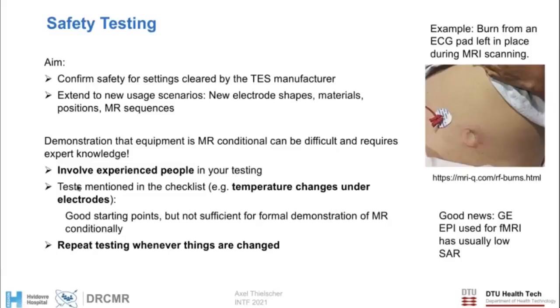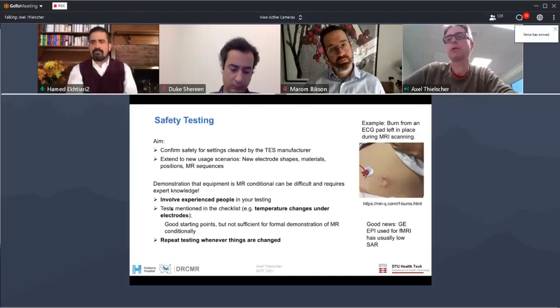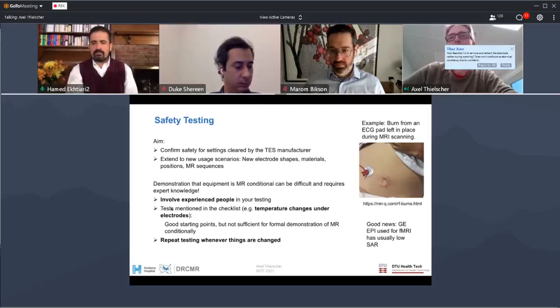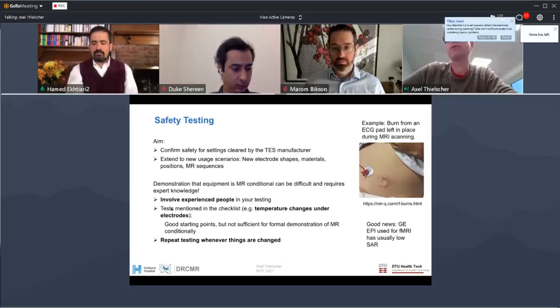The good news here is that the sequence which we use most for imaging of brain activity is gradient echo EPI, which is a low SAR sequence, which means that the radio frequency energy transmitted by the scanner is relatively low, and this makes it also one of the safer sequences.